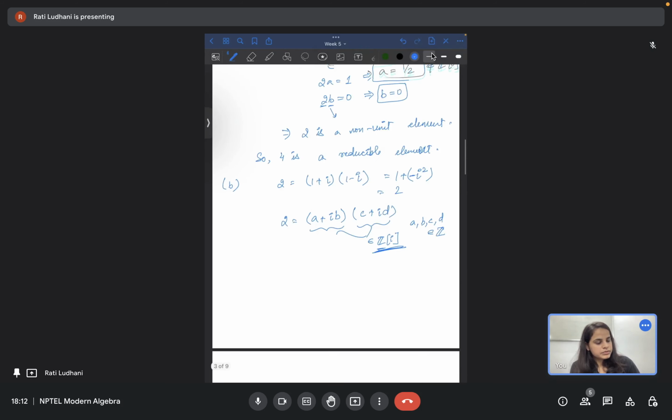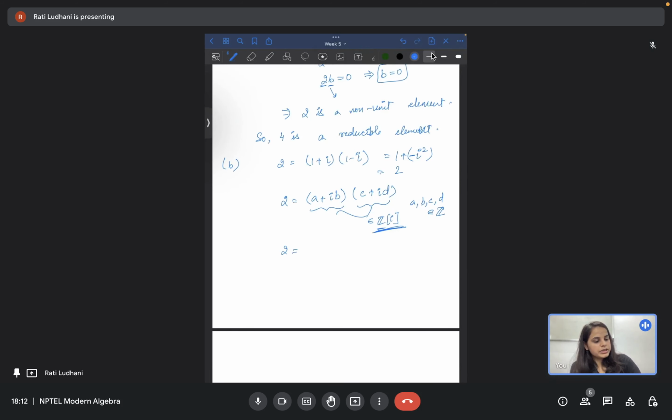So you have 2, and here if you multiply, what will you get? I'm writing directly. Just multiply and club the iota part and the real part. So this is AD plus BC. So you have AC minus BD.